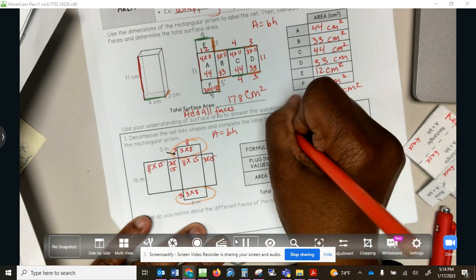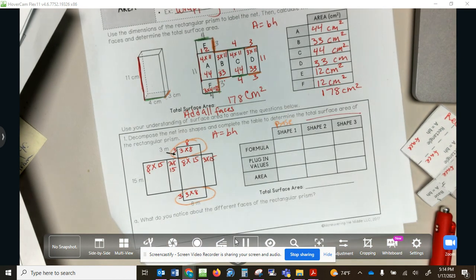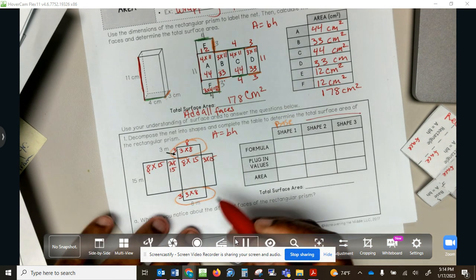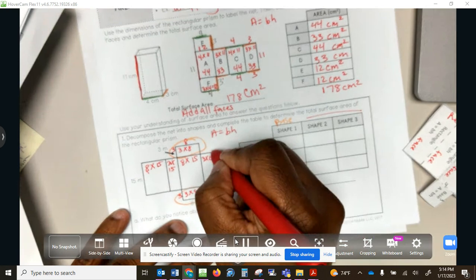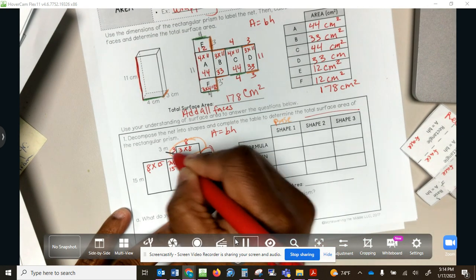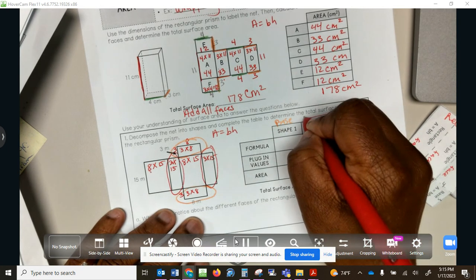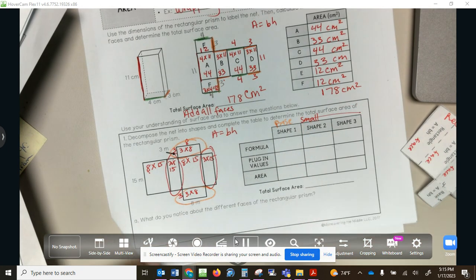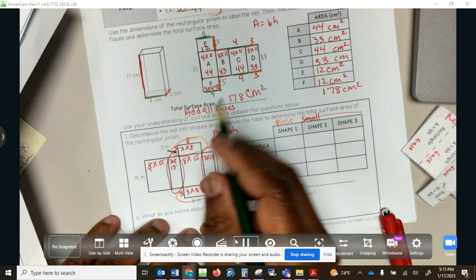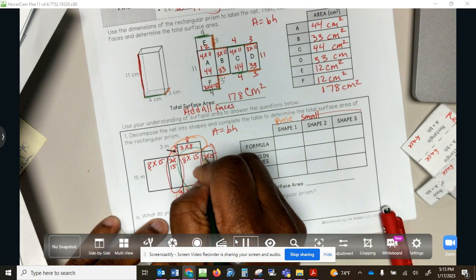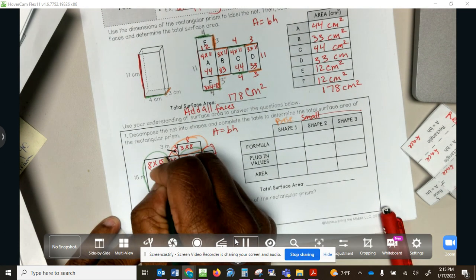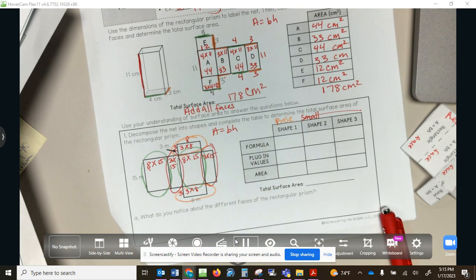So we can say base. There's the skinny rectangles, the smaller rectangles. So we can say the small. And then there's the larger ones. And there are 2 of each one of those.